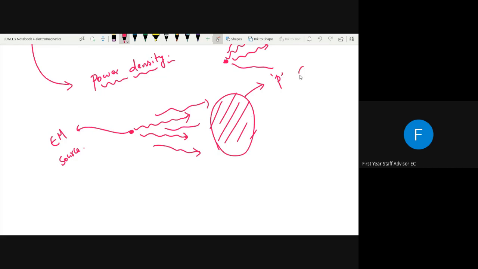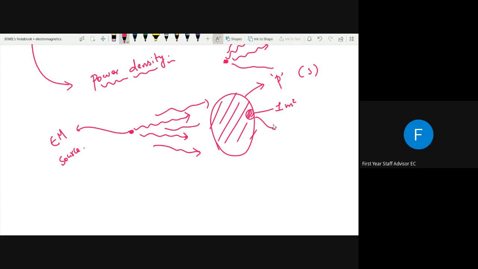Then what do you mean by power density? Power density means the amount of power passing through a unit area. That means 1 meter square or 1 millimeter square, whatever dimension we are using. What is the amount of power which is passing through unit area?